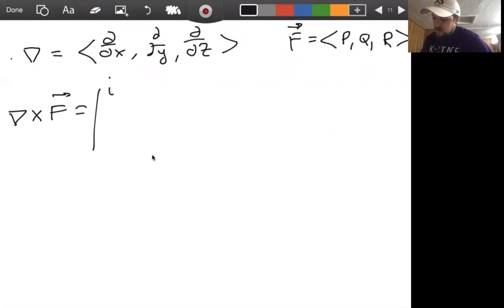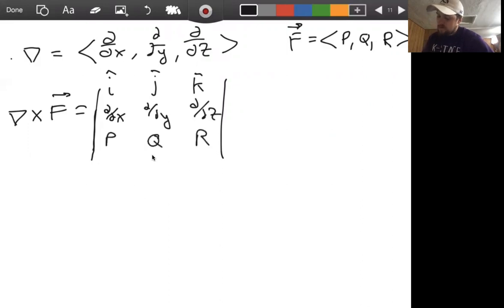This is i, j, k, and then we'd have d/dx, d/dy, d/dz, and then we would have P, Q, and R for the third row. Now, let's calculate the determinant of this 3 by 3 matrix.